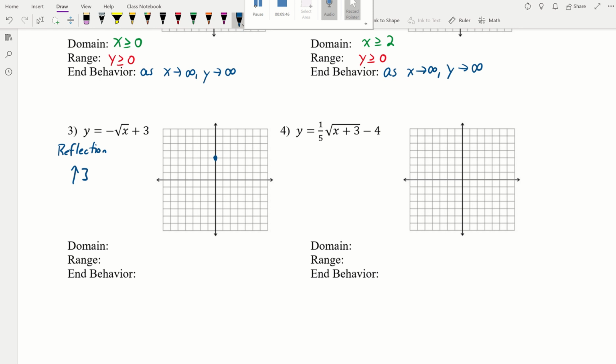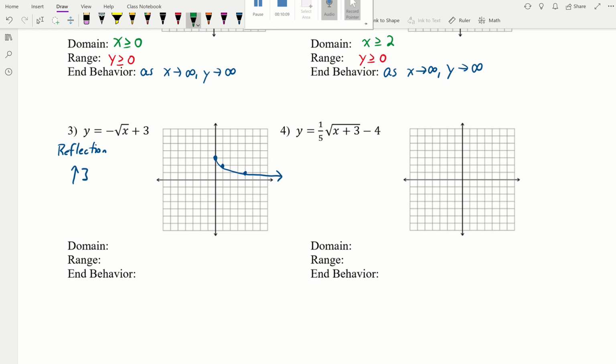Normally, the parent function goes right 1, up 1. Well, there's one thing that's going to affect that, and that's the reflection. So instead of us going right 1, up 1, it's reflected, and we're going to go right 1, down 1, right 4, down 2. Now our graph is curving down as we move to the right.